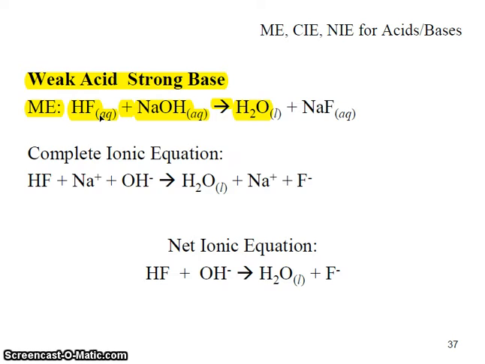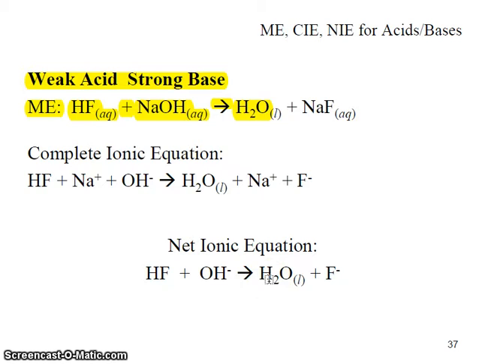And so when you have to convert it into complete ionic equation, you will keep the HF as is. NaOH will be broken into Na plus and OH negative. Water will remain as is, and sodium fluoride will be converted into Na plus and F negative as well. So now the sodium and the sodium will get cancelled off, and what remains is going to be HF plus OH negative, giving you water and F negative.